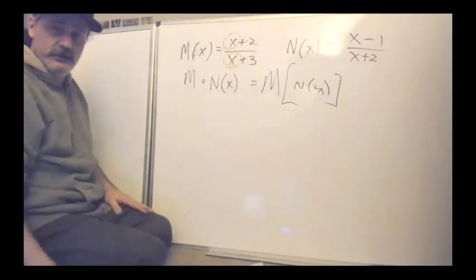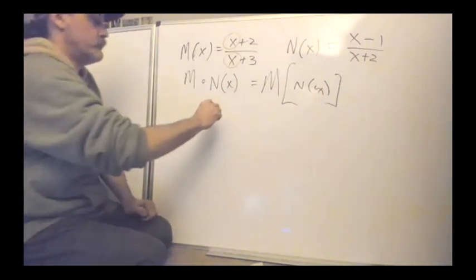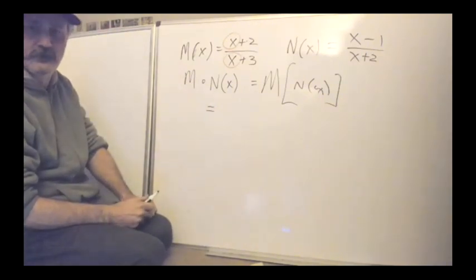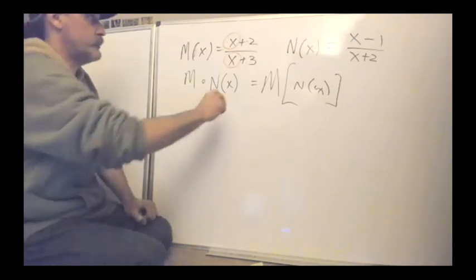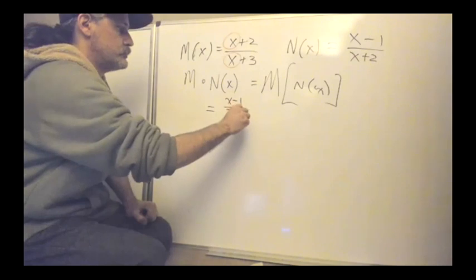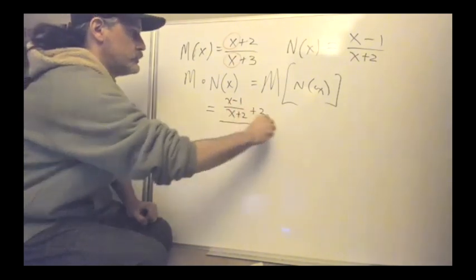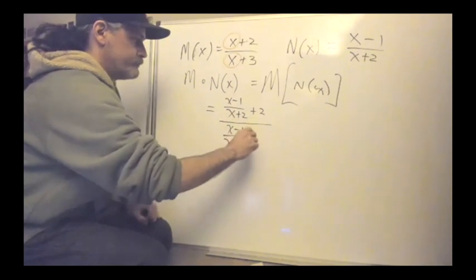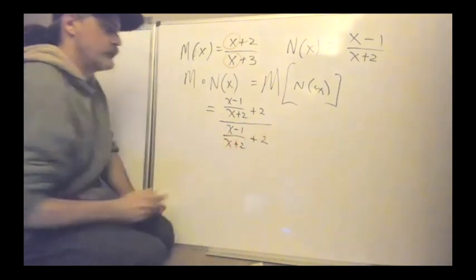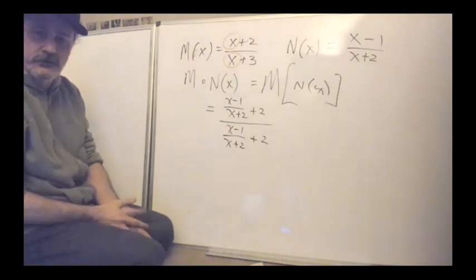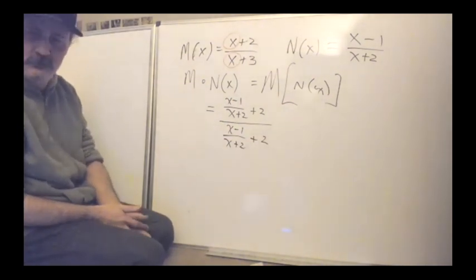And then we're going to get a yucky fraction, but that's just how it is. So this composite function, replacing the X with the N rule. So X minus 1 over X plus 2, and then over... Now it always depends upon what you get as to the strategy.